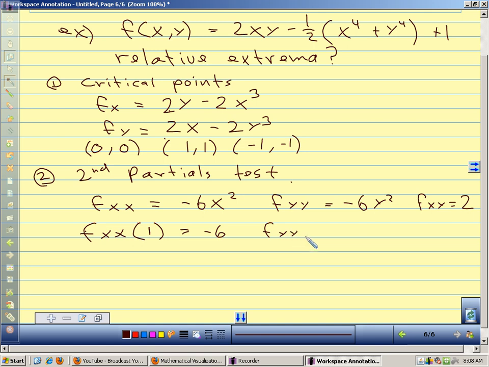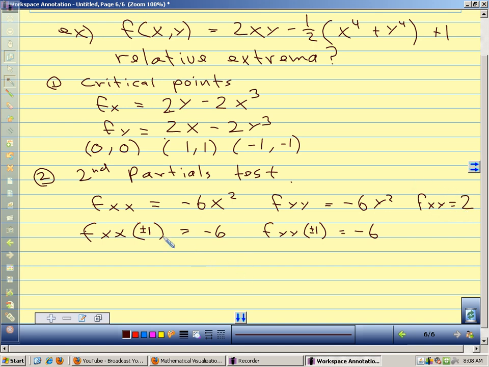The second partial with respect to y when y equals 1 is minus 6. And we can say the same for plus or minus 1, because we have an x squared and a y squared. So we have a minus 6 for our second partials, and our f sub xy is always 2.